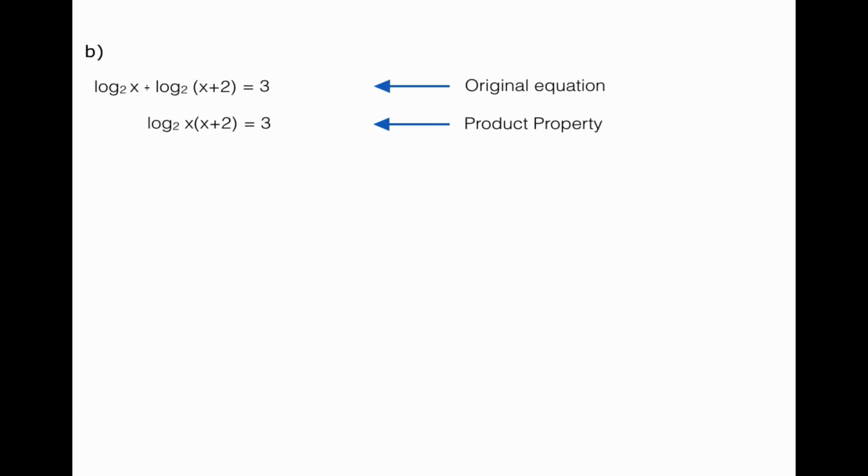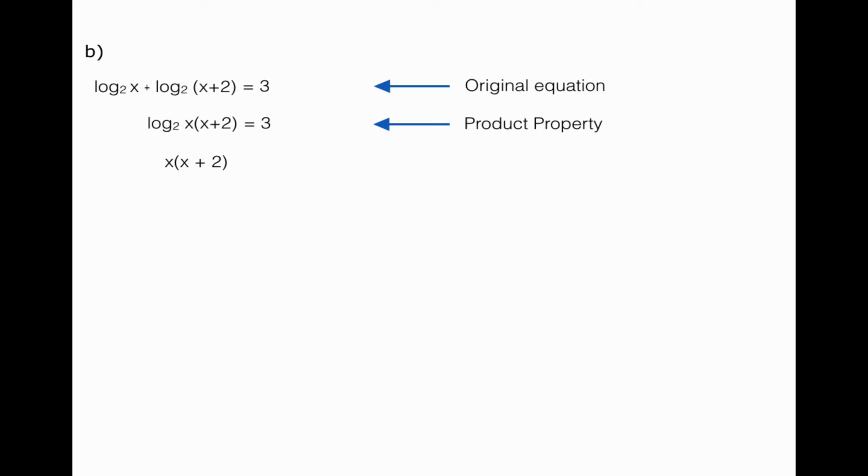All right, so here's this problem: log base 2 of x minus log base 2 of x plus 2, and I have parentheses here, equals 3. So our original equation. And so we can really quickly see that we can rewrite this. And we use the product property.